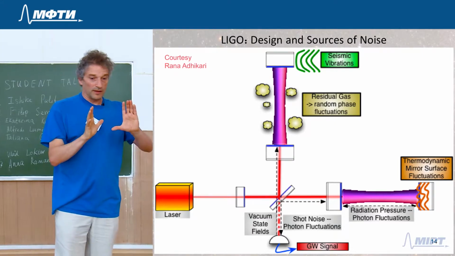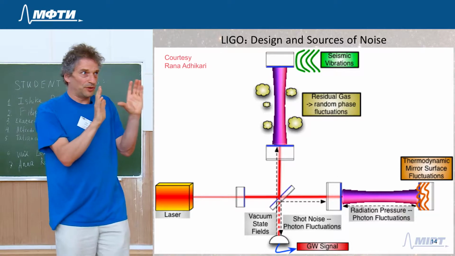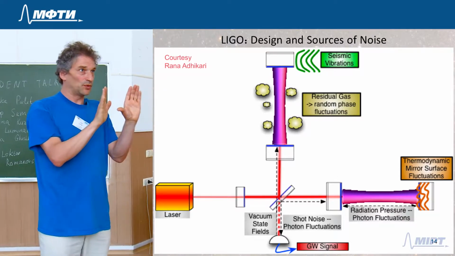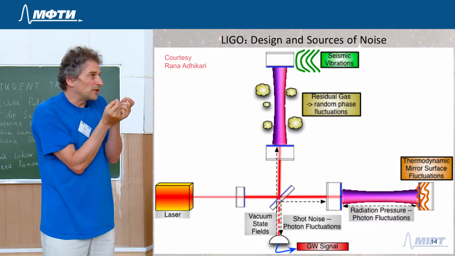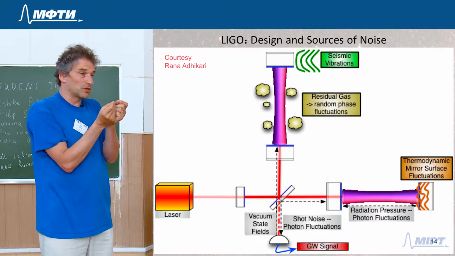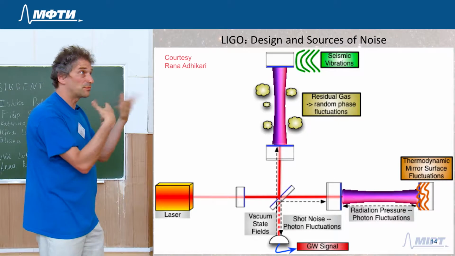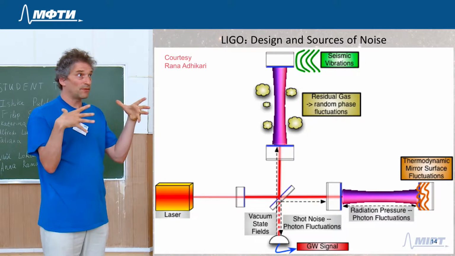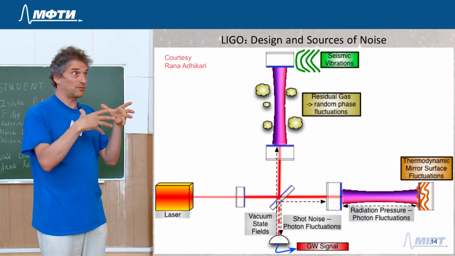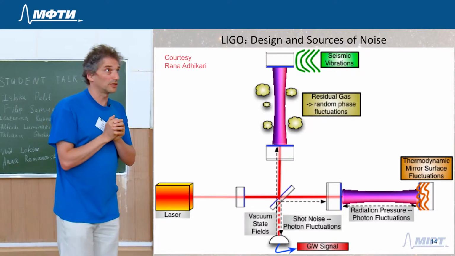Okay? For us, if you look at the mirror, it looks completely smooth. But on the scale of 10 to the minus 18 meters, it looks like an ocean, okay? Moving waves, the surface is breathing. The shape of this test mass which supports the mirror is deforming, fluctuating.